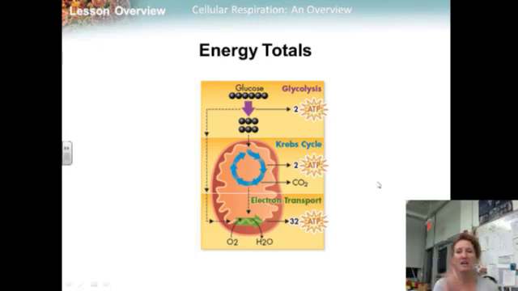In the presence of oxygen, the complete breakdown of glucose through cellular respiration, gotta have oxygen, results in the approximate production of 38 ATP molecules. This represents about 36% of the total energy of the original glucose that went in. The remaining 64%, guess what? Heat. And we keep our bodies nice and warm with it.